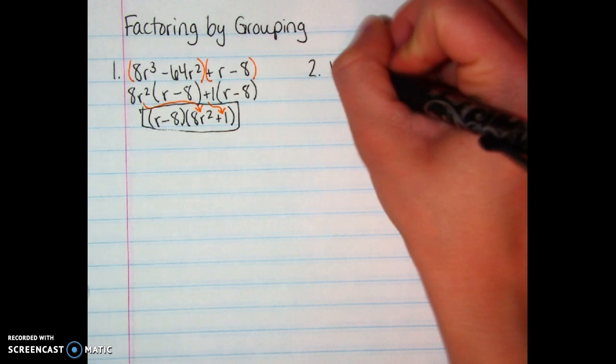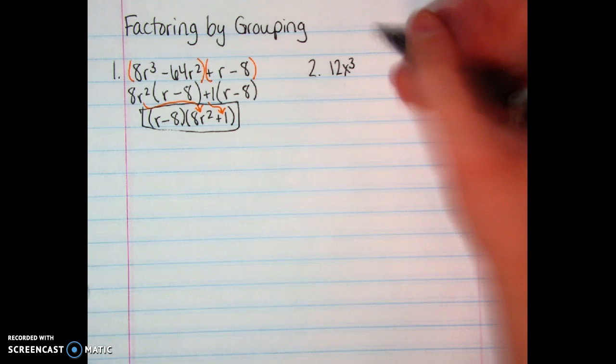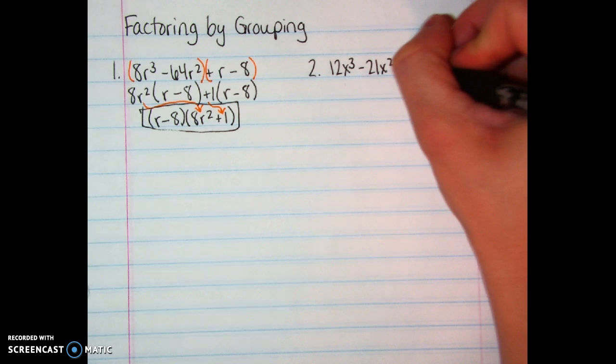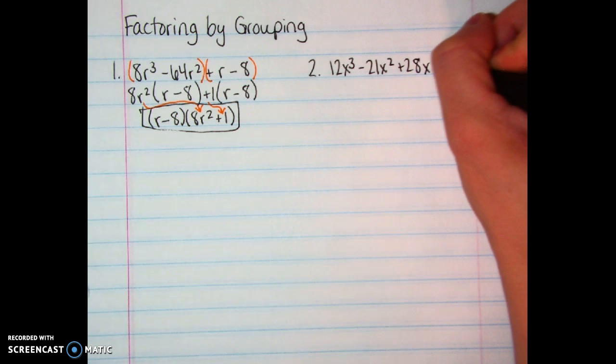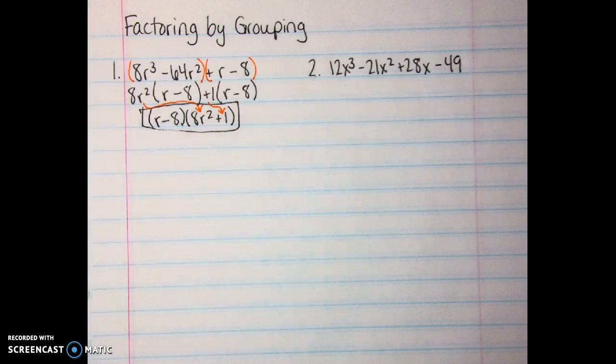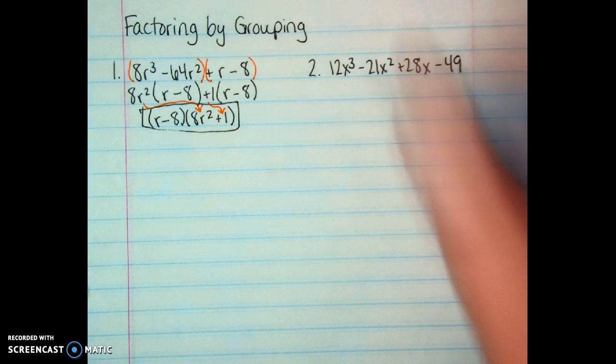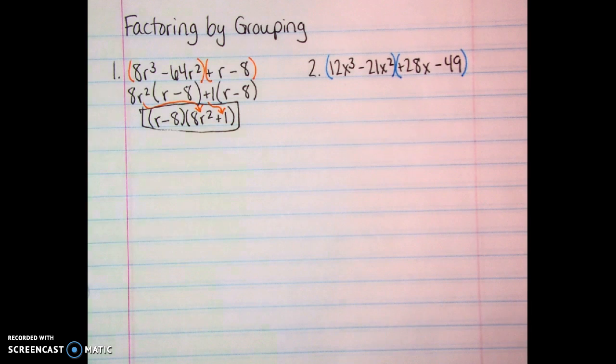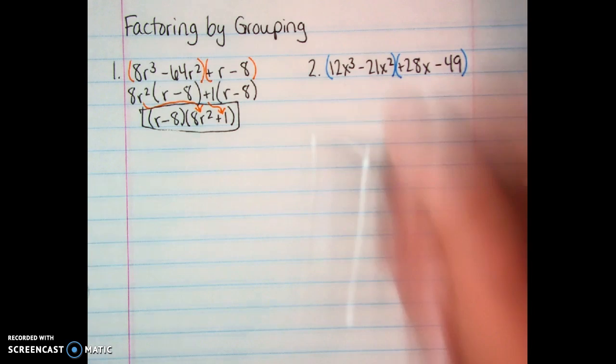This is 12x cubed minus 21x squared plus 28x minus 49. So do your parentheses or your grouping. And the GCF of 12 and 21 is 3.